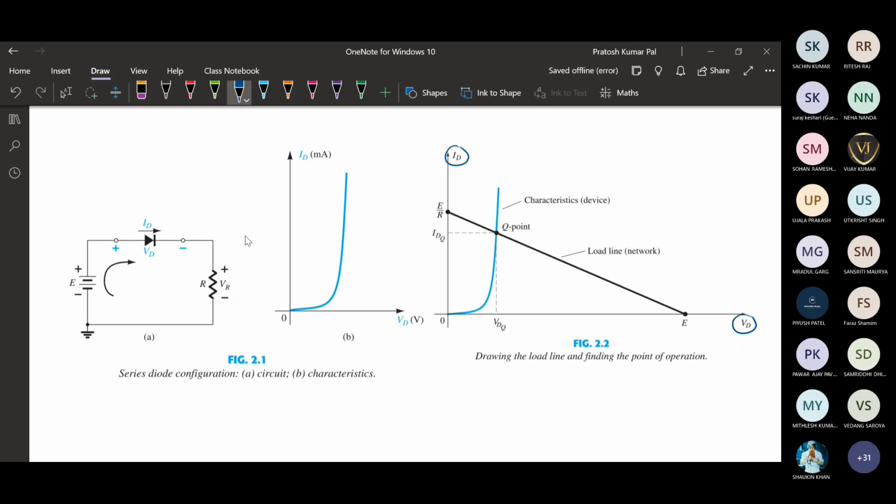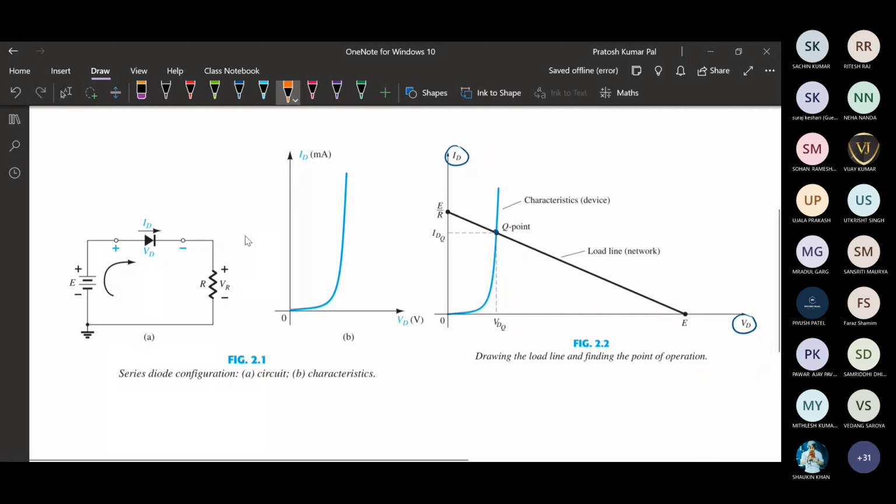The point where this network characteristic, the VI characteristics for the complete circuit, and the diode characteristics cut each other is a particular point.